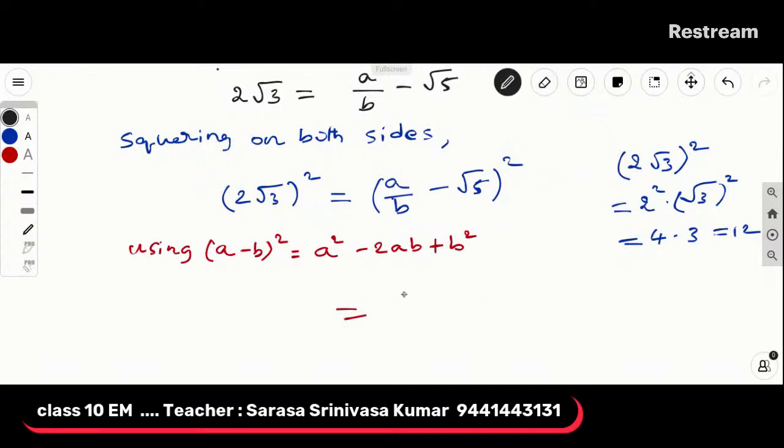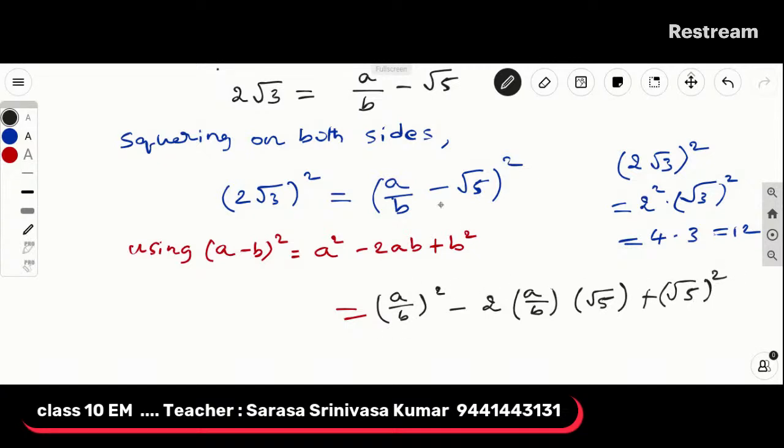We use this formula: (a by b) whole square minus 2 multiplied by a by b multiplied by square root of 5 plus (square root of 5) whole square.